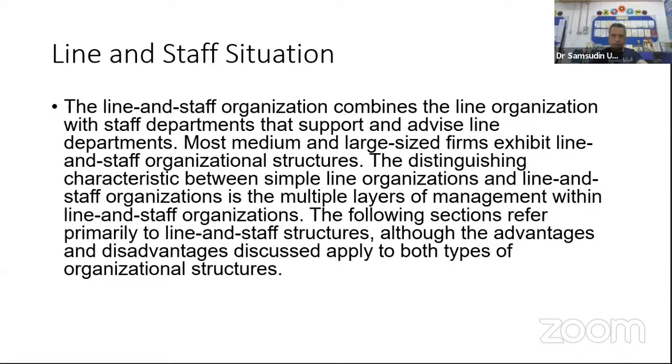The distinguishing characteristic between a simple line organization and a line and staff organization is the multiple layers. Because in a big organization, a larger organization, we have multiple layers of management. We have a line of authority, and we have a staff of authority. So next, the discussion is about how this line and staff can be integrated.